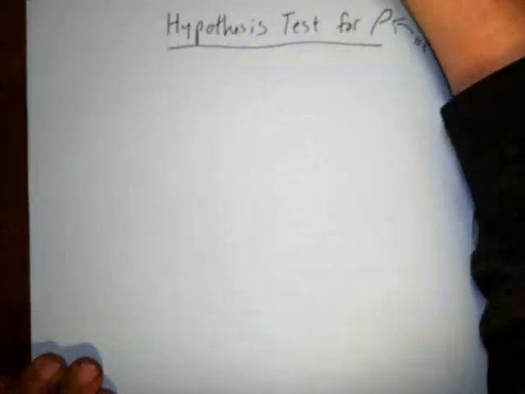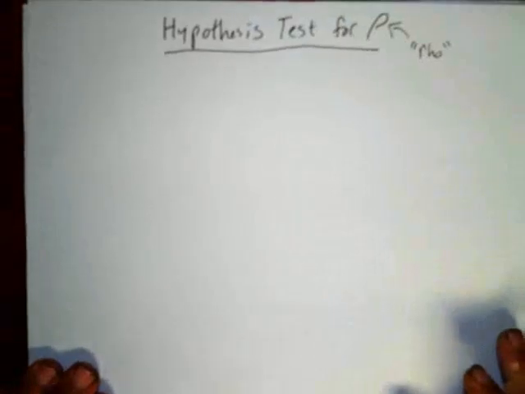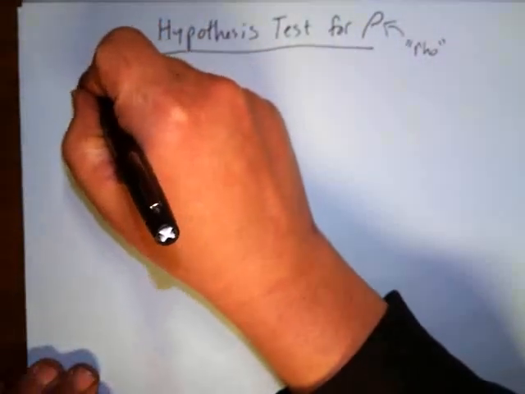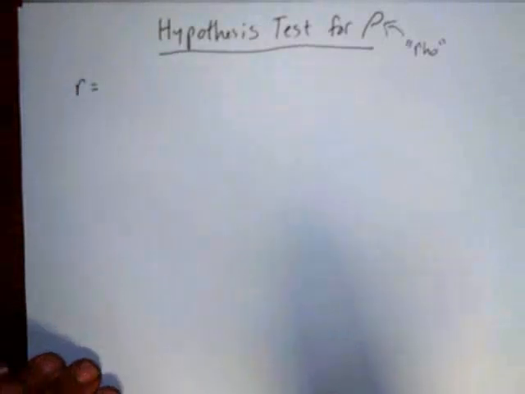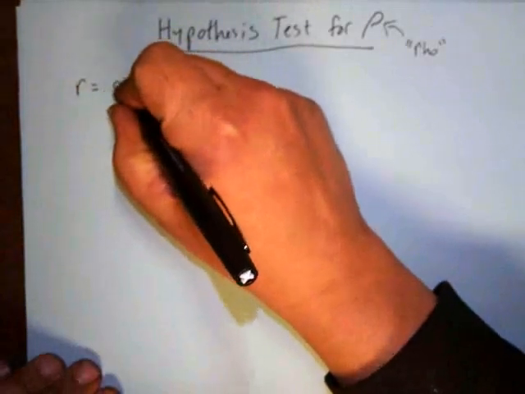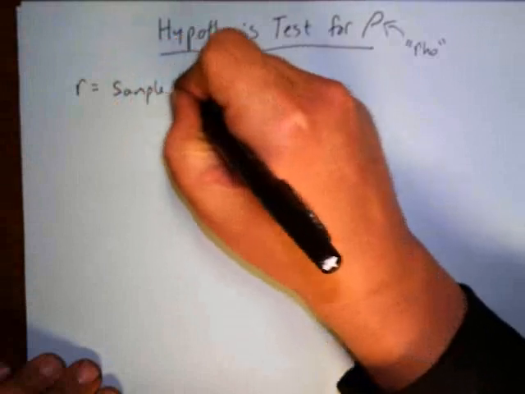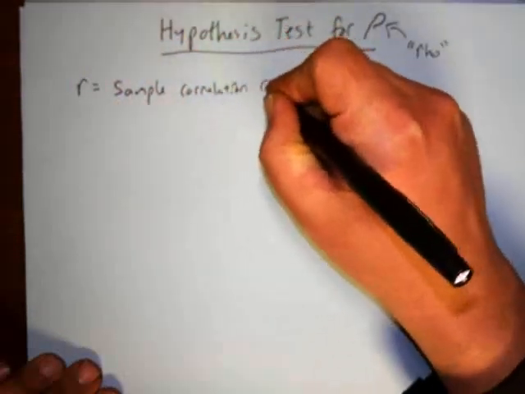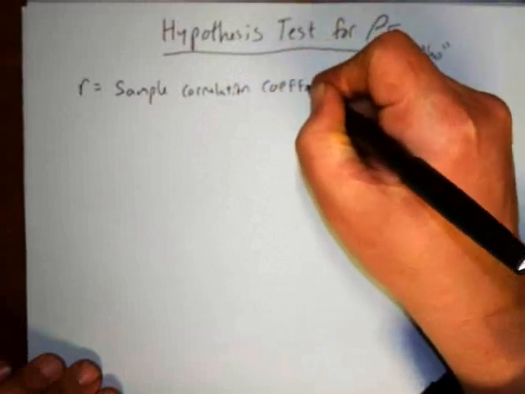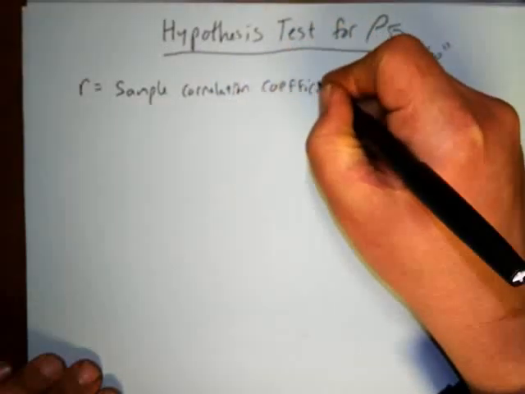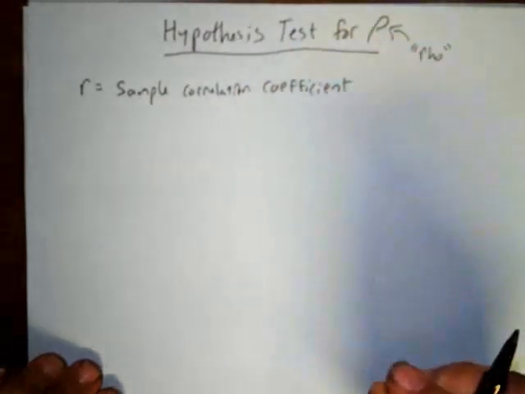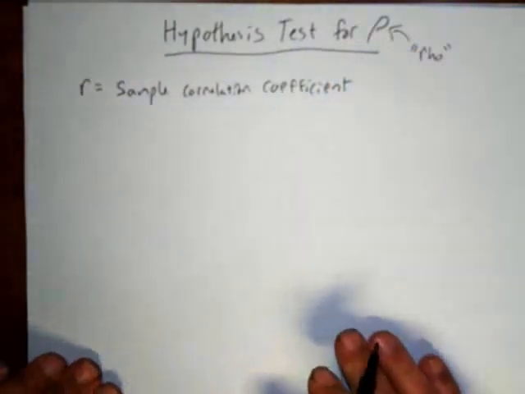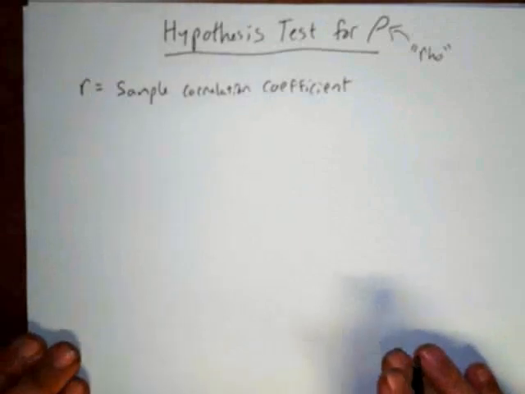When we've been calculating r, what I didn't tell you before is that r is actually the sample correlation coefficient. So it's the coefficient for a sample, and almost always when you calculate r, you're calculating it for a sample.